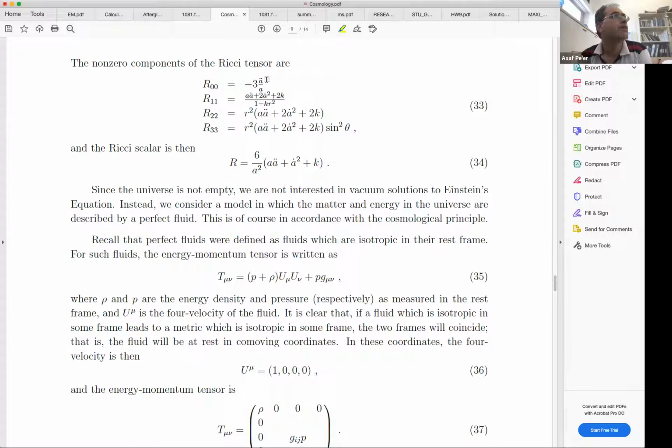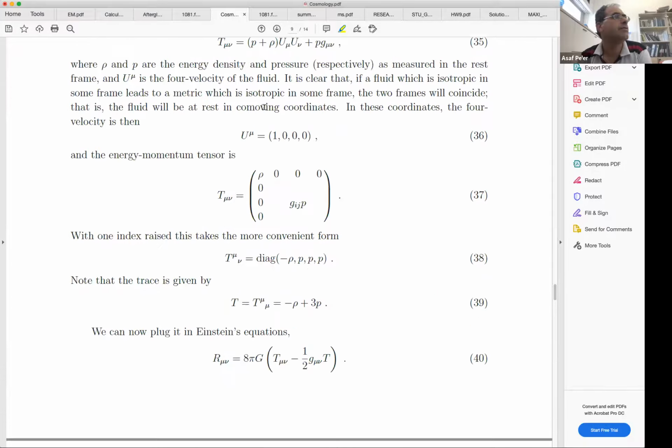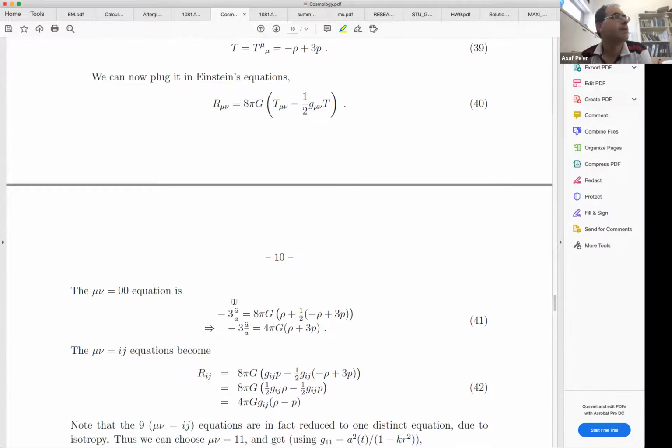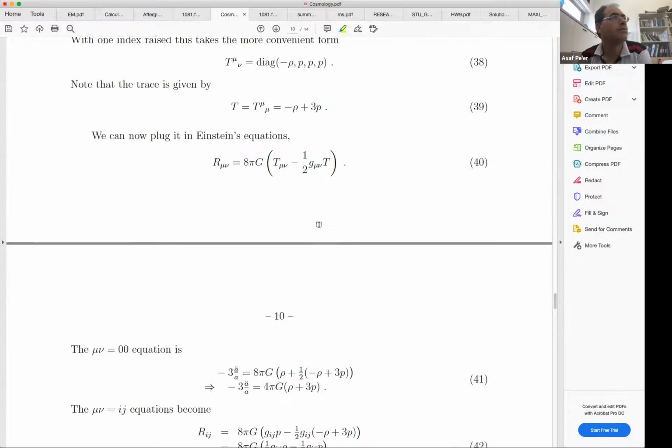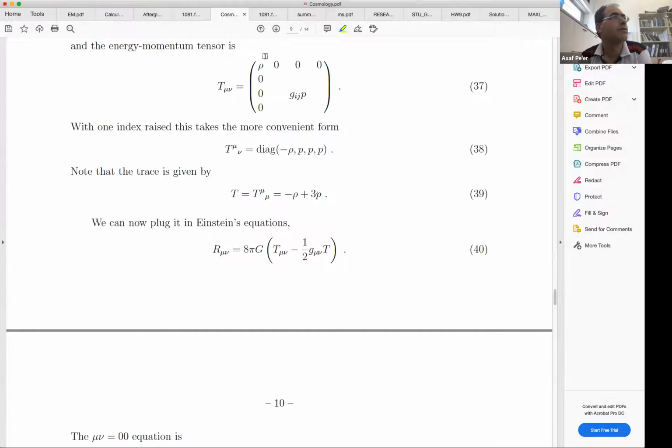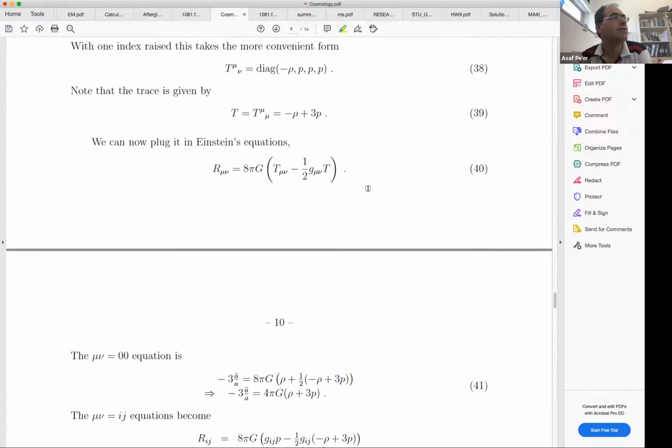It's -3 ä over a. -3 ä over a is equal to 8πG. T_00 is just ρ. Plus 1/2, because the g_00 is a -1, so a plus 1/2 times T, which is minus ρ plus 3P.